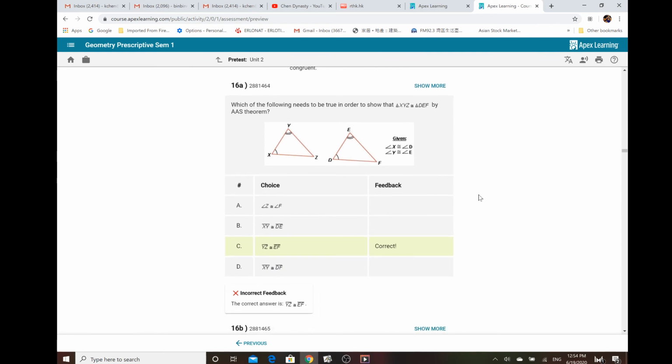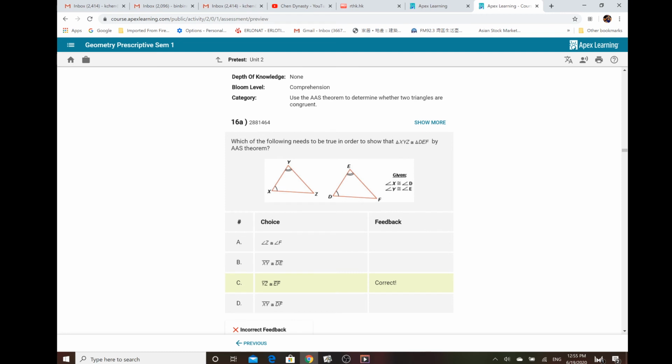And here's another one. The triangles are not already proved. Which of the following needs to be true in order to show that triangle XYZ is congruent to triangle DEF?